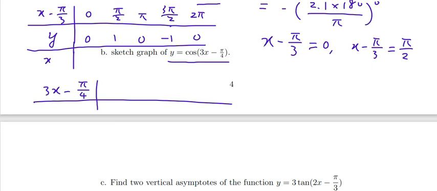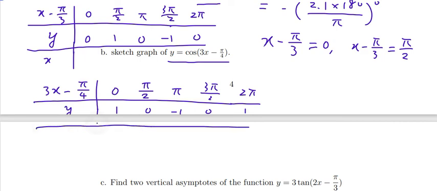When this equals 0, pi over 2, pi, 3 pi over 2 and 2 pi, we can find the y values: 1, 0, negative 1, 0, 1.